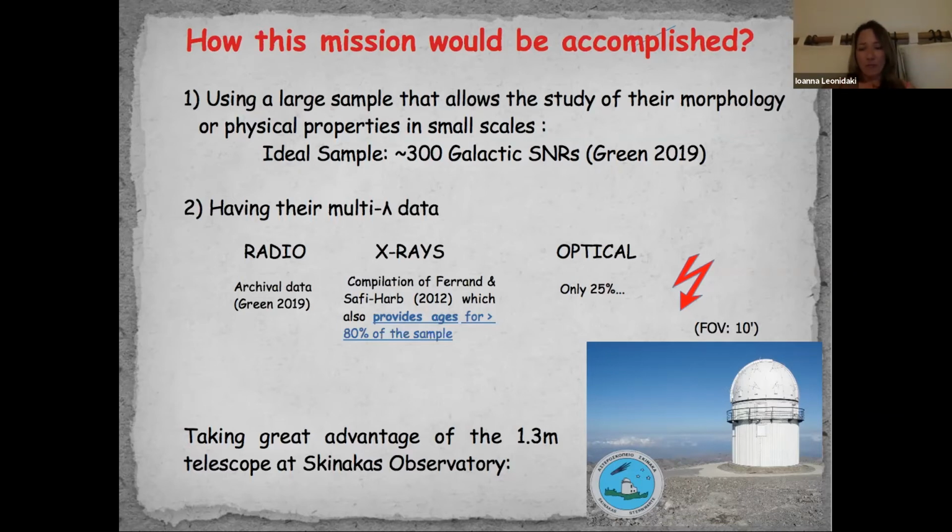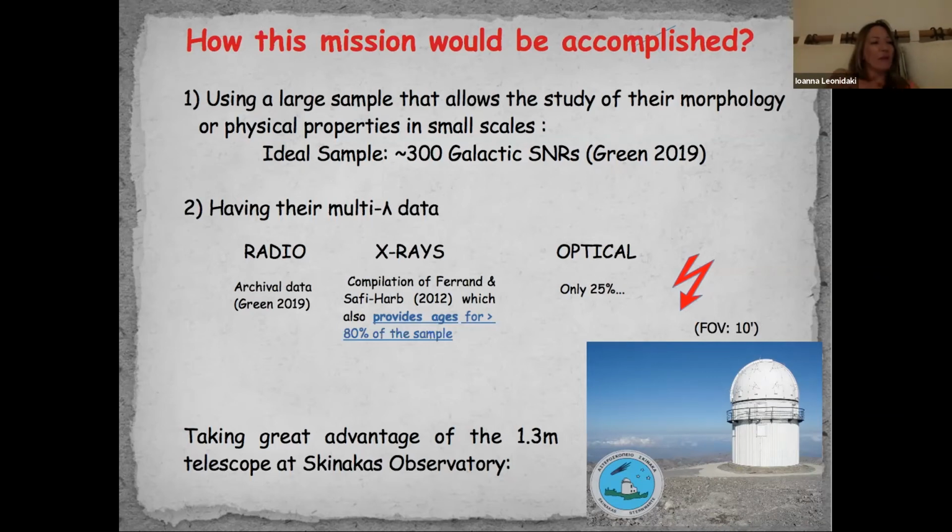And apart from that, we needed to ensure that we would have all the multi-wavelength data needed in order to perform this kind of project, and that is radio, X-rays, and optical. Radio is easy to find, because when the SNR community is trying to detect an SNR, the first band they look at is the radio.